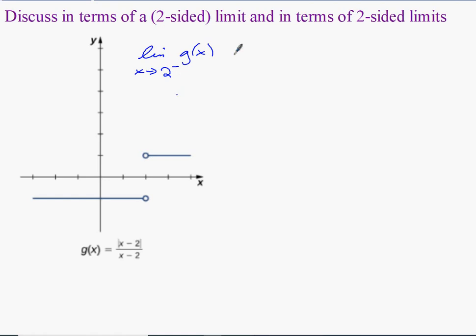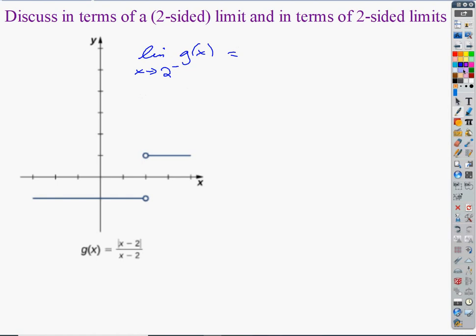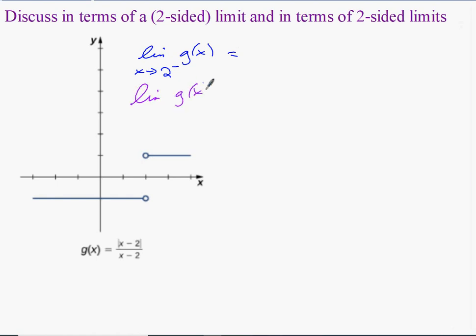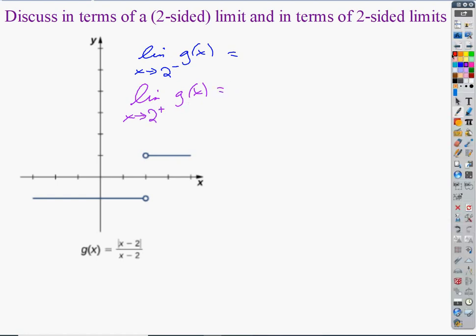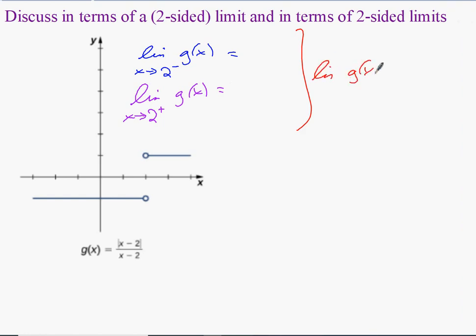Equals, well, I want that answer. I want the limit of g of x as x approaches 2 from the right. And then I want you to combine that information to tell me what's the two-sided limit of g of x as x approaches 2.